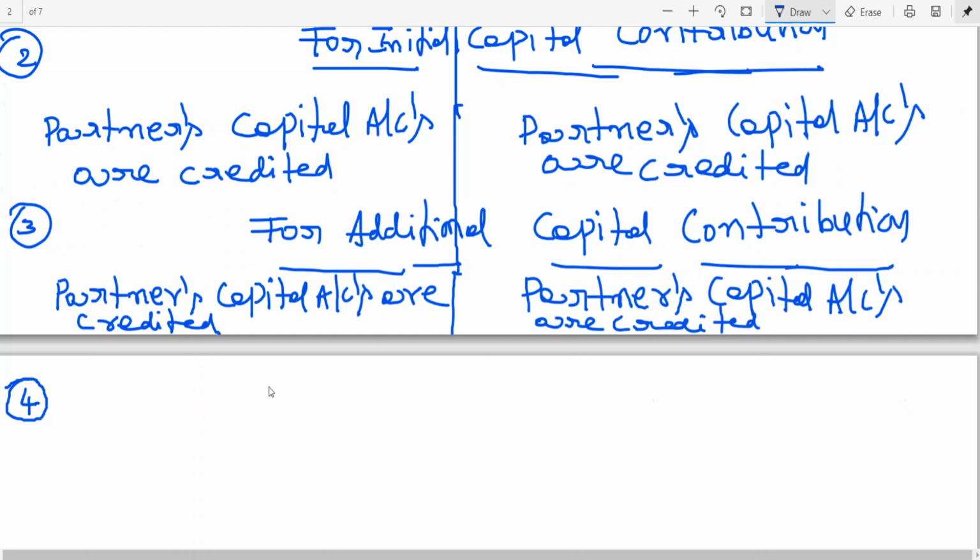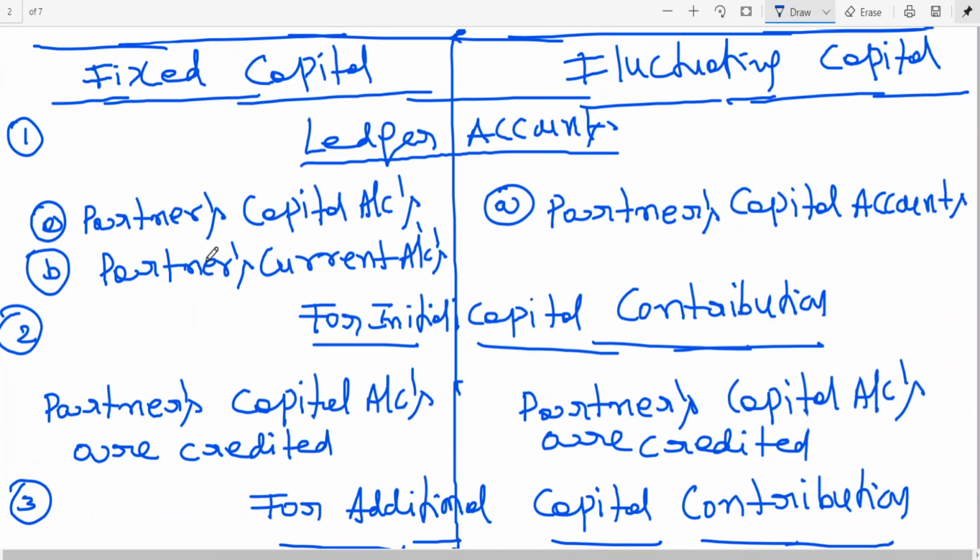Then fourth point, after additional capital contribution. Now before I explain, let me tell you, we are having two types of drawings, my dear friends. We started with the first point, ledger accounts to be opened: under fixed capital, partners' capital account and partners' current account; in case of fluctuating capital, partners' capital account.